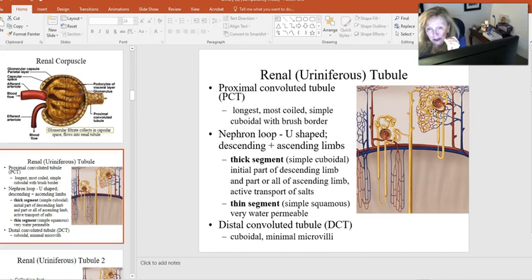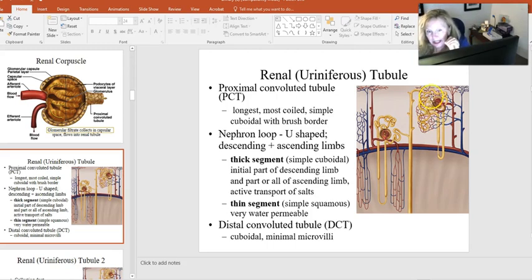That means that 99% gets reabsorbed. So of that plasma filtrate that happened right here in the proximal convoluted tubule, much is being reclaimed. Much of the water, much of the good stuff.